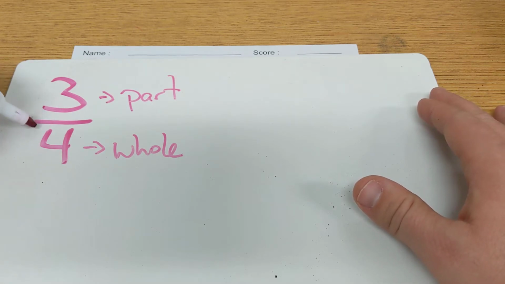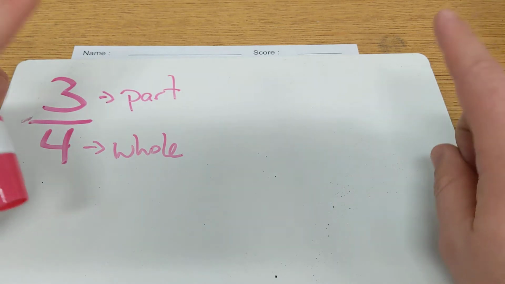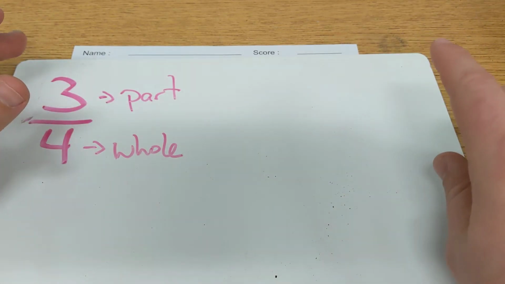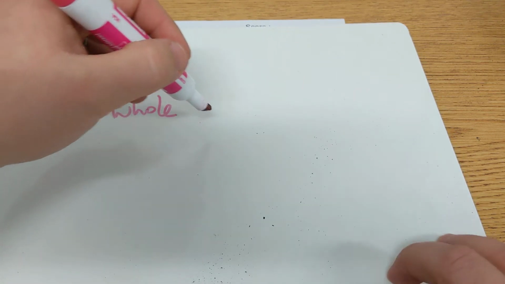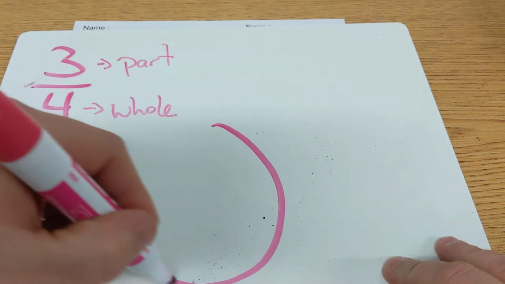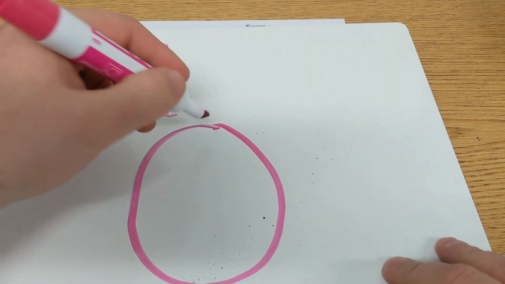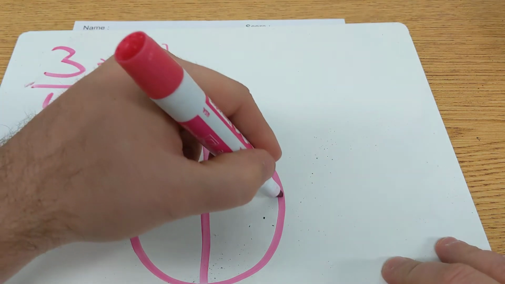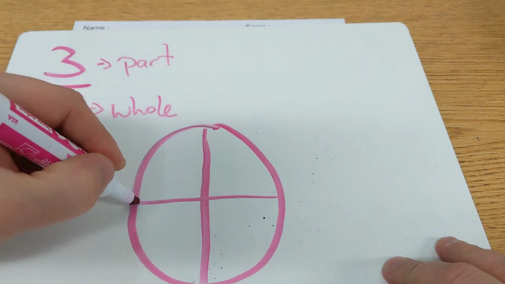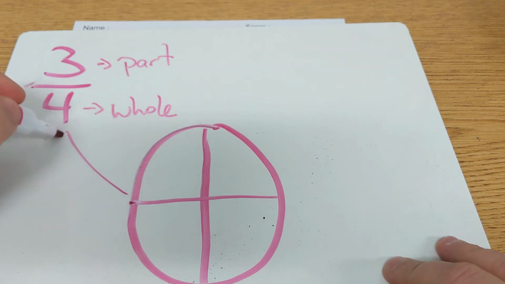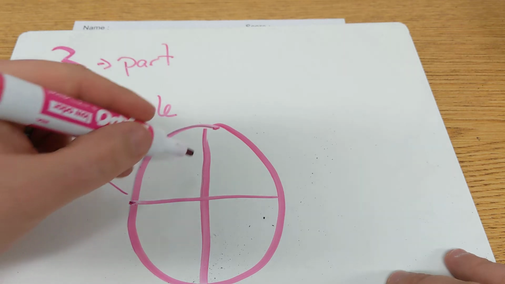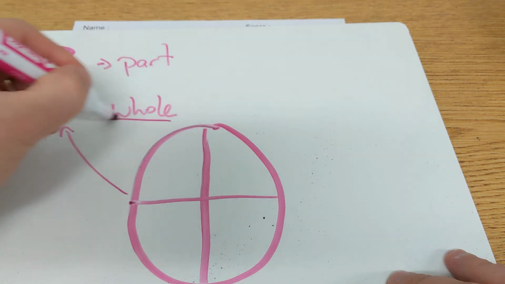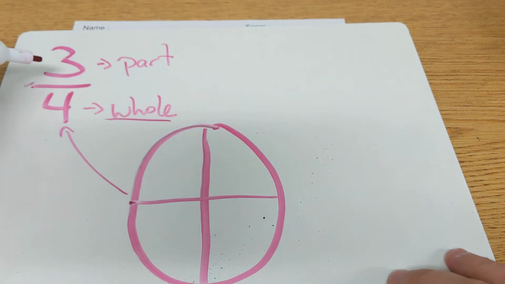So if we had 4/4, 4 divided by 4 is 1, so that's a whole. We can think of it in terms of a pizza. This is a whole pizza, but it's divided up into fourths. So this 4 makes the whole pizza. That's why it is the whole.